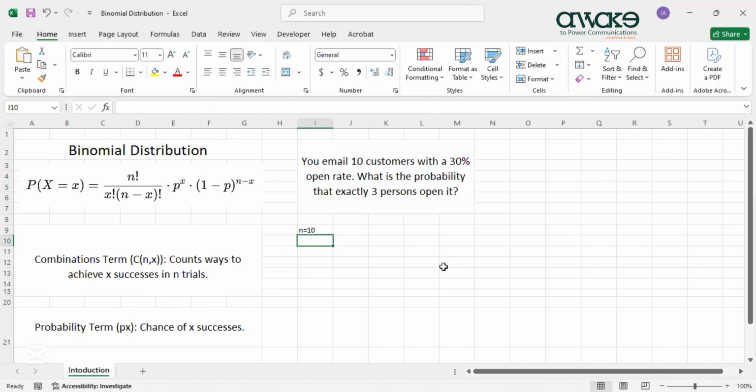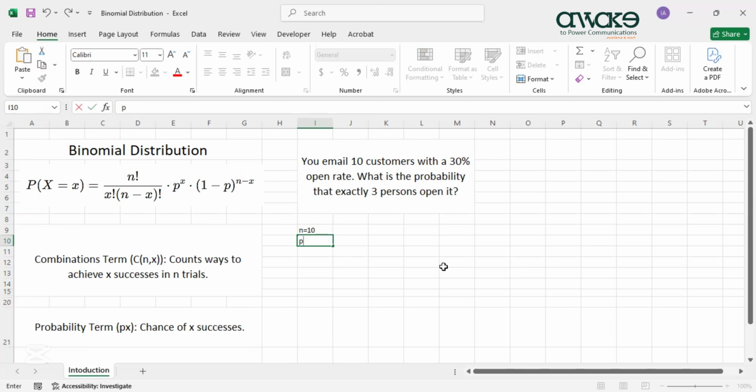The probability here is 30%, right? Our question says with a 30% open rate. So that is our probability. And this probability is presented in proportion, so we have to always remember that we take out the percentage sign. How we do that is you can simply divide your 30% by 100, and you definitely get 0.3.